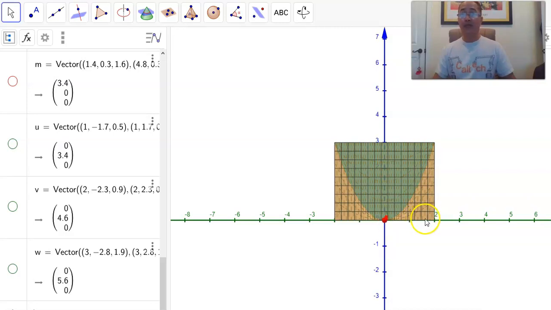If y is 2 or negative 2, y squared is 4, 3y squared over 4 is 3. So it does pass through (2, 3) and (negative 2, 3). So our equation is correct. That is z equals 3y squared over 4.